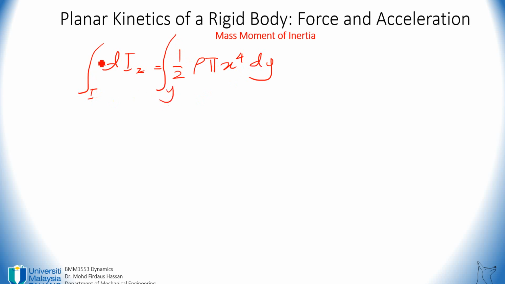So here you have 1, and here you get Iz. Here you have rho pi divided by 2, and then you have the term x to the power of 4. Since you have to integrate with respect to y, you have to change x to y.